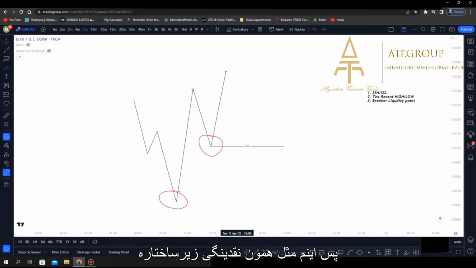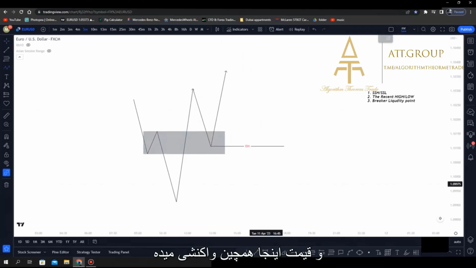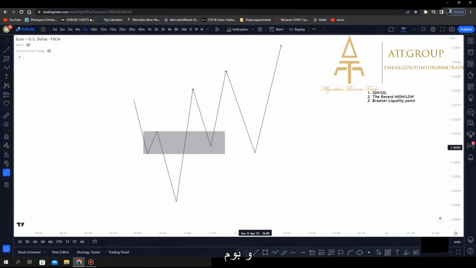So this is the same thing I would say, but you can help yourself with this breaker thing like this, and price will do something like this, and boom.